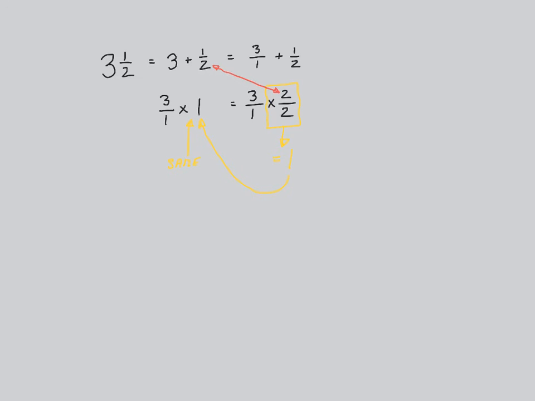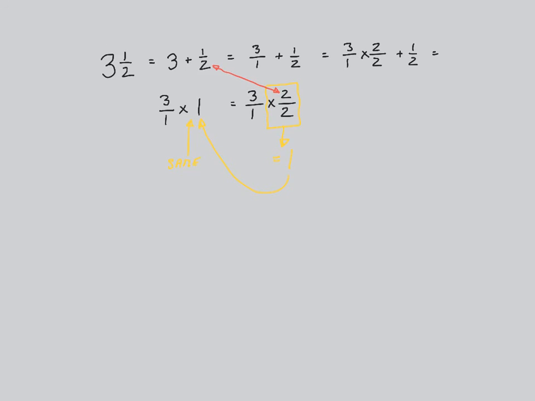So now, what I have up here can be written as 3 over 1 multiplied by 2 over 2 plus a half. And what's that?